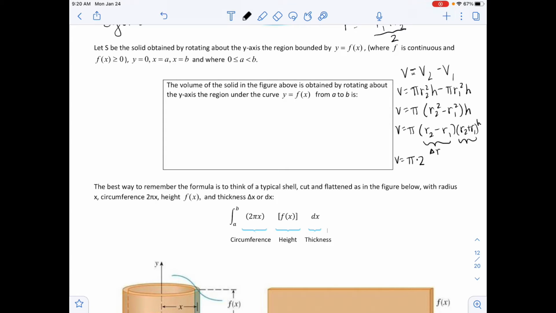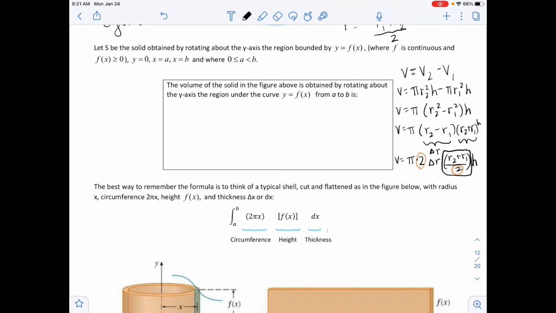And then I have delta r, and then over here I'm going to do r2 plus r1 divided by 2, and then times h. So what I did here was I multiplied and divided by 2. So mathematically that doesn't change what we have written there. But that expression that I have here, and I'll box it, is going to be equal to r.